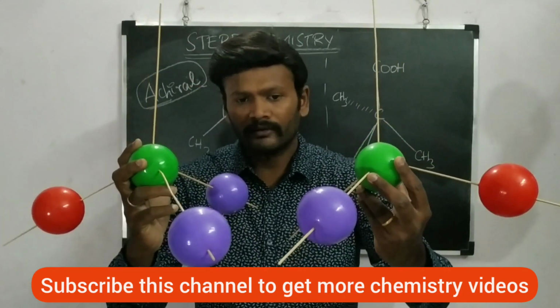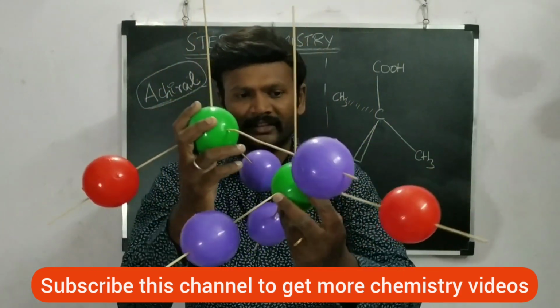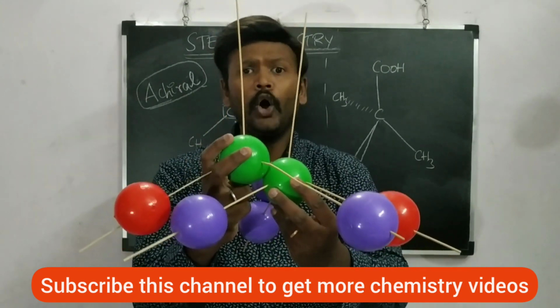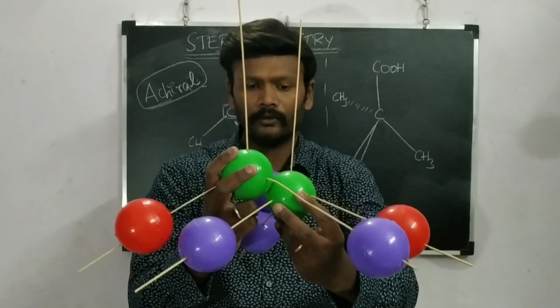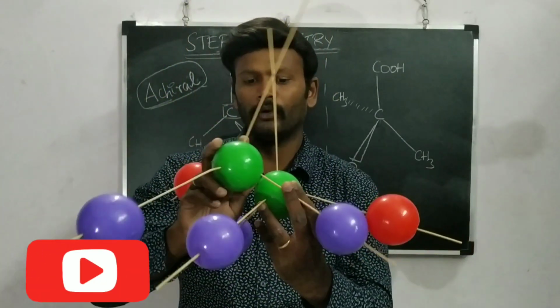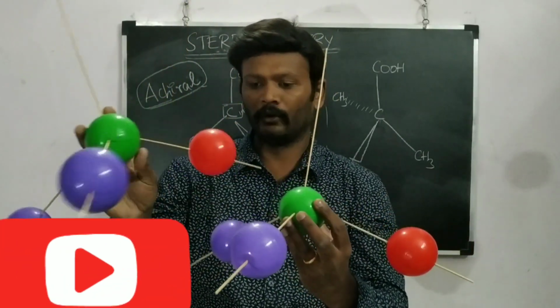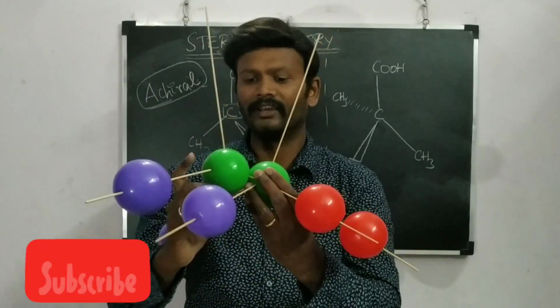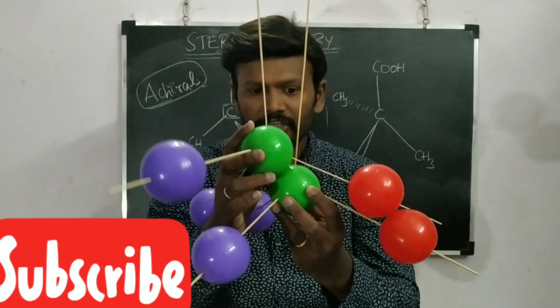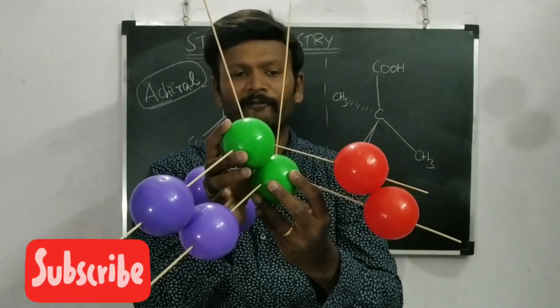So here, suppose I'm superimposing on it, whether it is superimposing? No. So if I'm rotating this, you just look at any of the rotations, it will perfectly match. In all the positions it is perfectly matched.